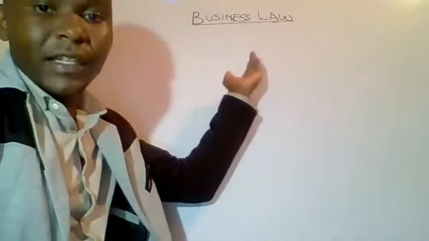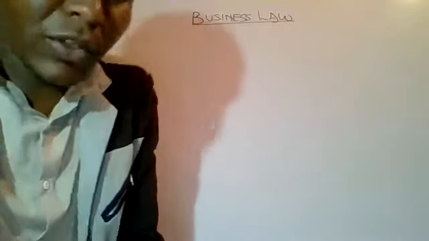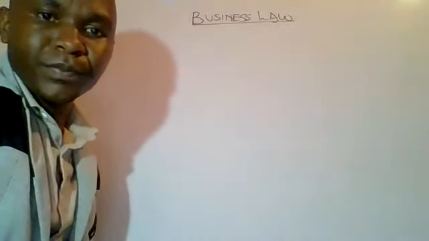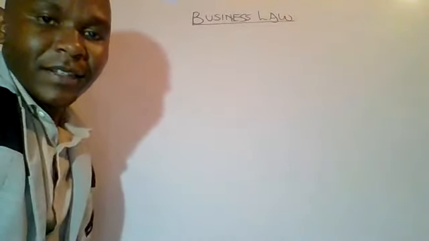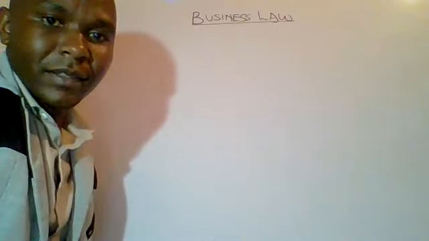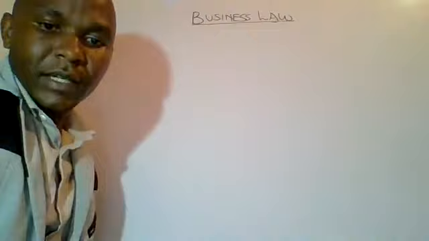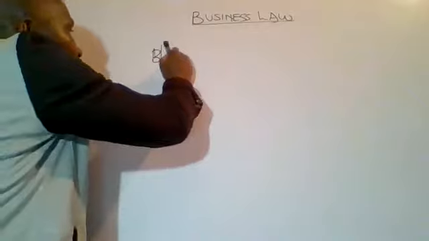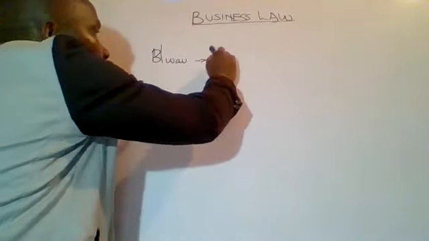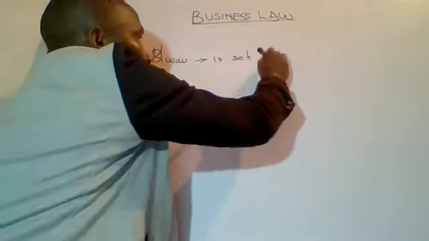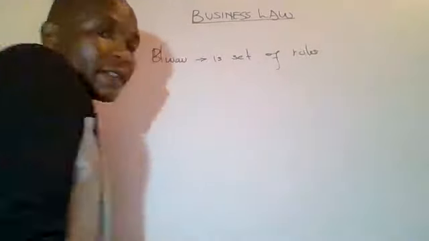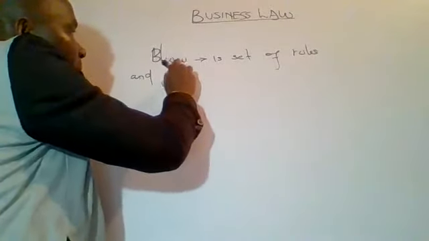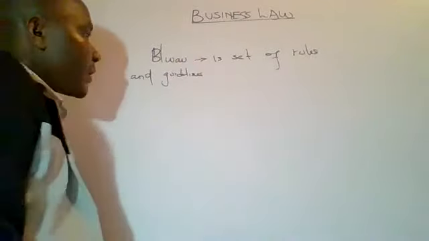What you have already written, those descriptions, so how can you write the definition of business law? Its definition. It's something that means. You wrote. So a business law is a set of rules and guidelines.